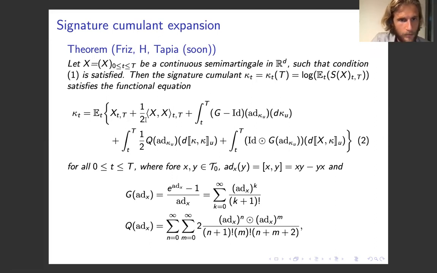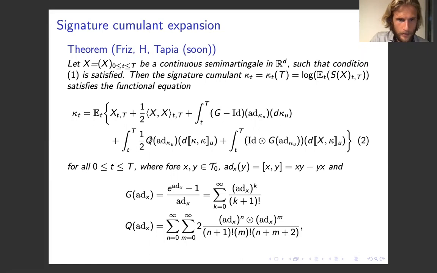Now I will go through these objects here: the increment of this semimartingale, the increment of the quadratic variation of the semimartingale, and this term here is the integral of kappa with respect to this term, where the adjoint of x applied to y is just the Lie bracket of x with y, so the commutator of these tensors. And the function g is defined by this power series here.